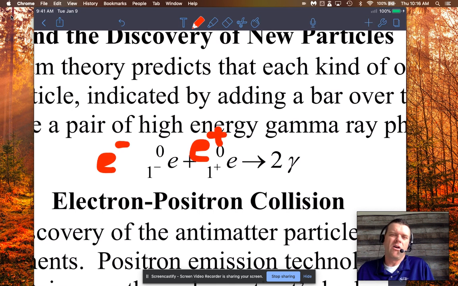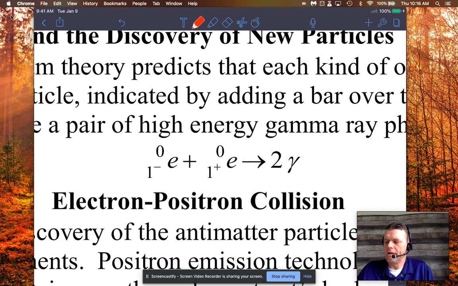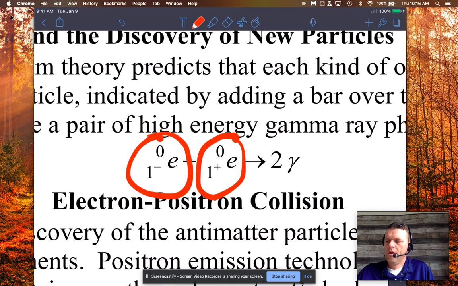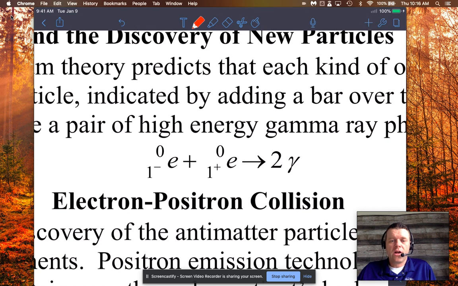That may not always be the convention, but this shows it with nuclear notation, where you have a 0, -1 and a 0, +1. But anyway, if a positron hits an electron, they annihilate and form two gamma photons. Those photons will basically move away from the electron-positron interaction.